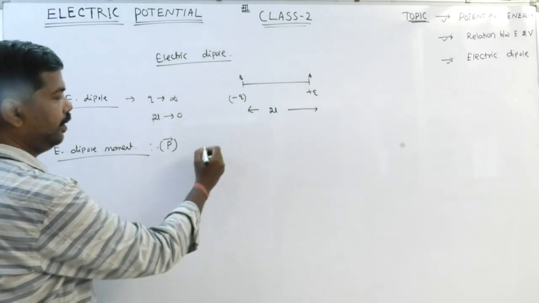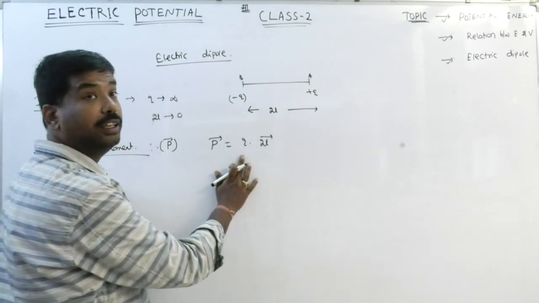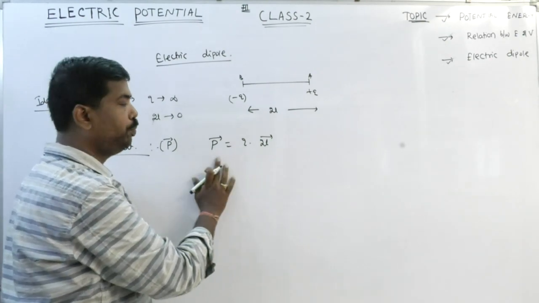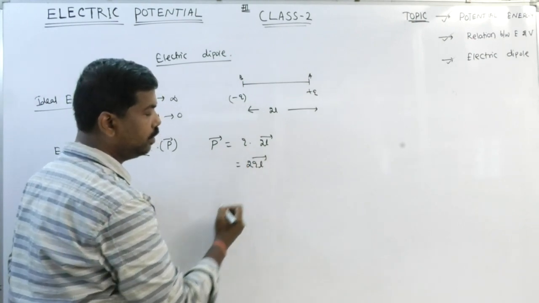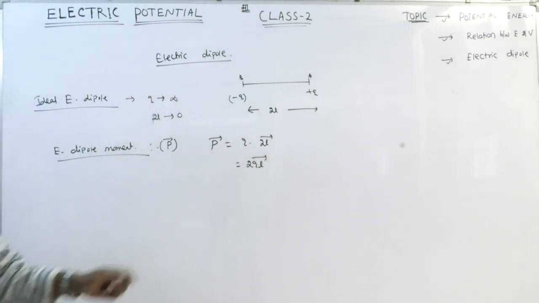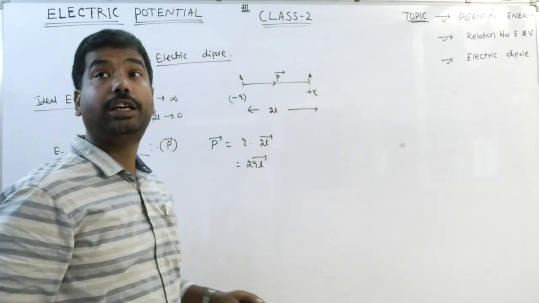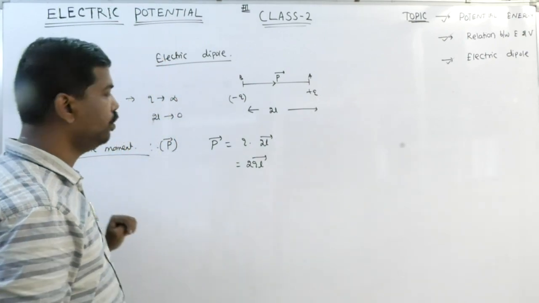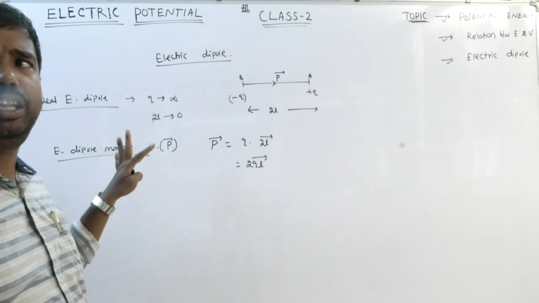It means P vector is equal to q into 2l vector, that is the magnitude of either one charge and the dipole length, or I can write it as 2qL vector. So the dipole moment is a vector quantity and it is always directed from negative to positive. Clear? Its unit and dimensions were discussed in class 3 electric field.